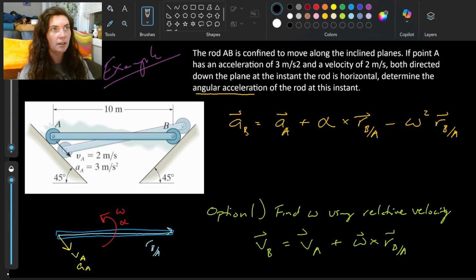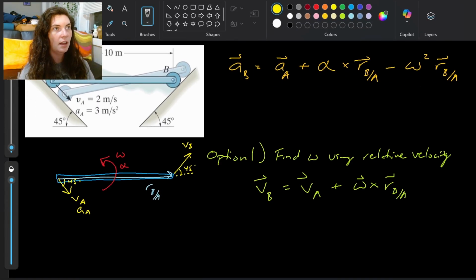And since A is moving down the plane, the only way B can move is up the plane. And so VB is up the plane at this 45-degree angle. And this is also a 45-degree angle on this side. And with that, I can go ahead and see if I can solve for VB and omega.